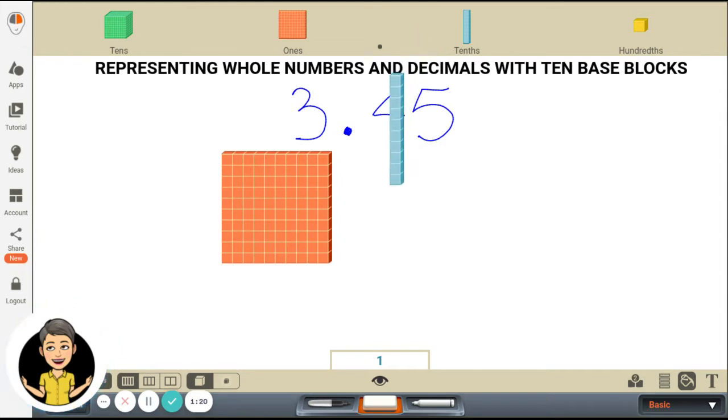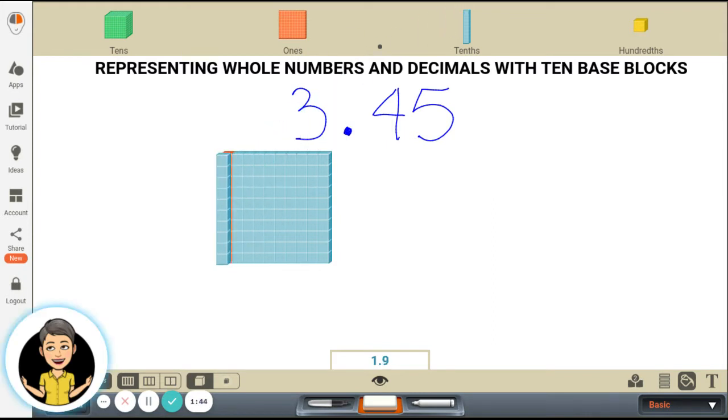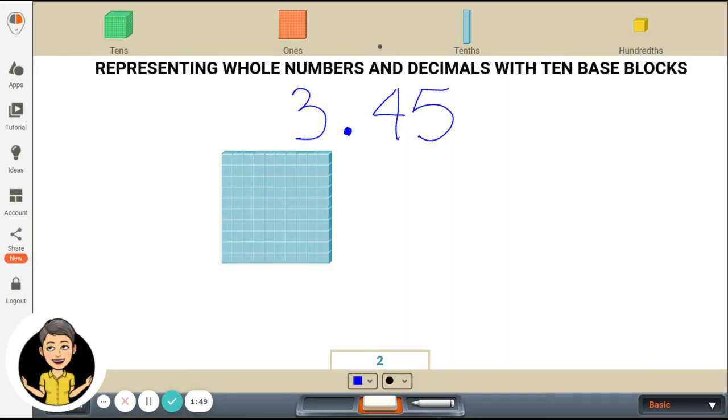Here we have the tens. If we put these bars on top of this whole, we will notice that each whole number has 10 tenths in it. So 10 tenths are the same as one whole.